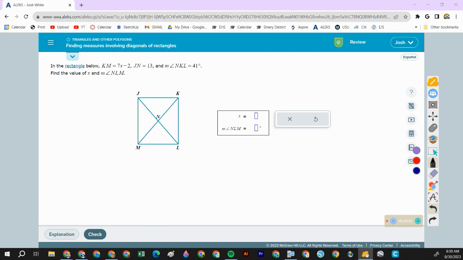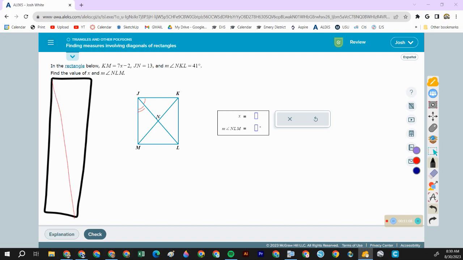Okay. Does this angle equal that angle in a rectangle? Well, let's draw a really long and skinny rectangle and see. I'm not a very good drawer. Does it look like this angle is equal to that angle?